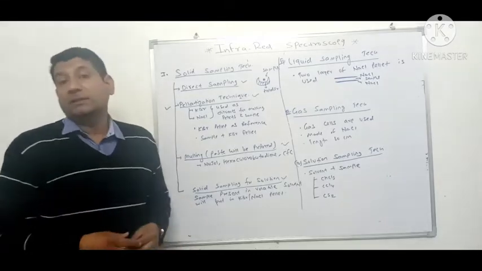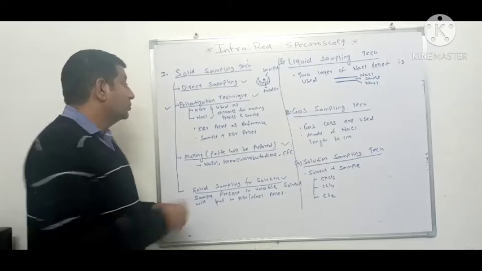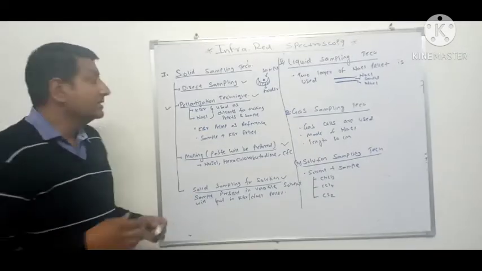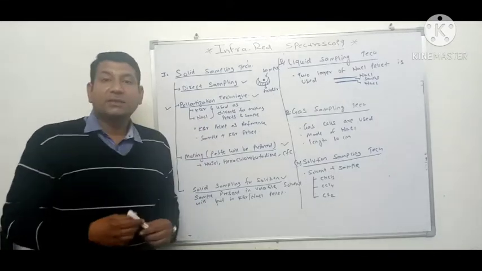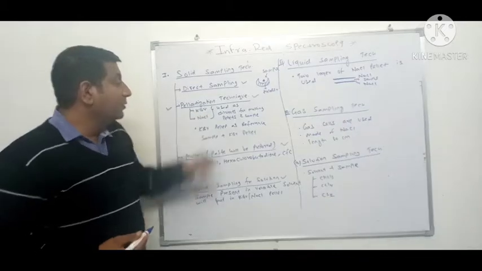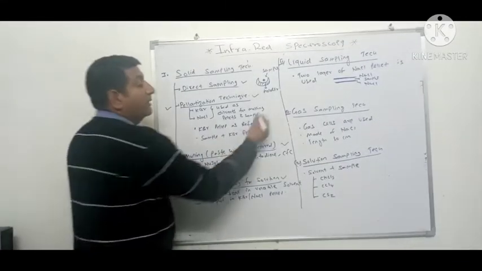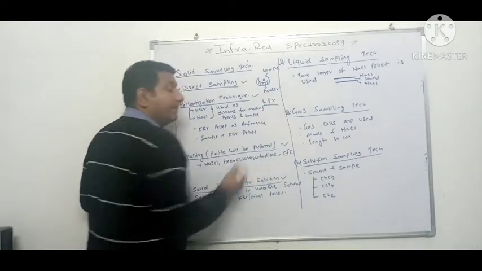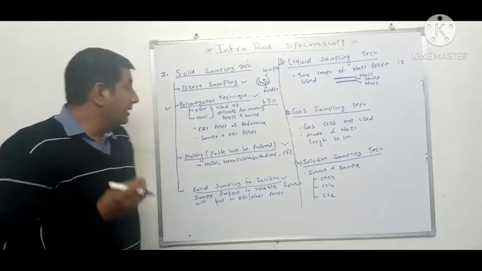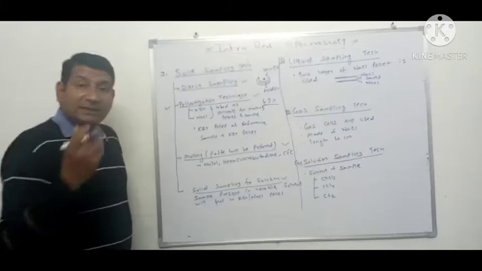The question may ask which substance is used in pelletization for making pellets: potassium bromide, KBr, or NaCl. These are used as diluents in making the pellets with the sample. We take 1 to 2% of the sample, and the rest is the diluent, KBr or NaCl, and the pellet is prepared.